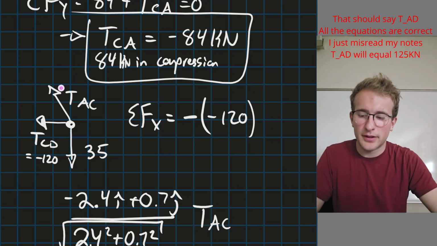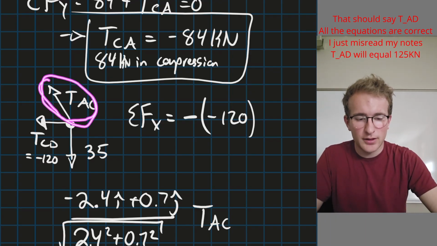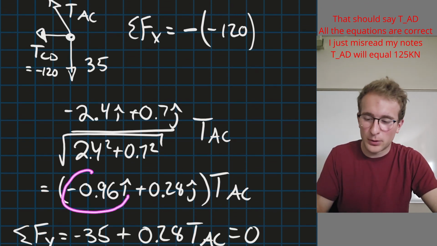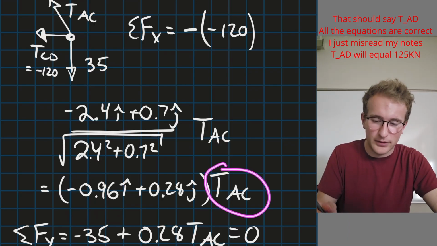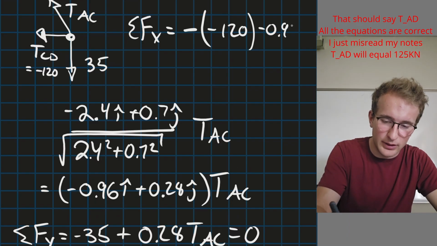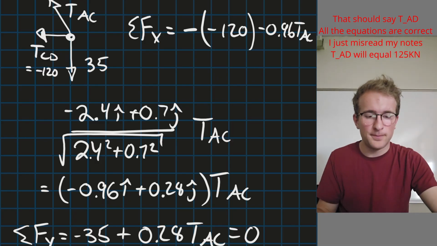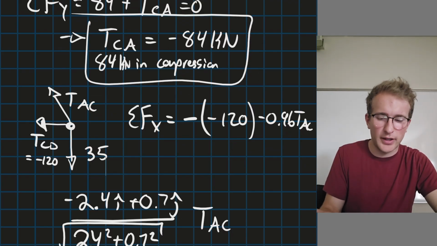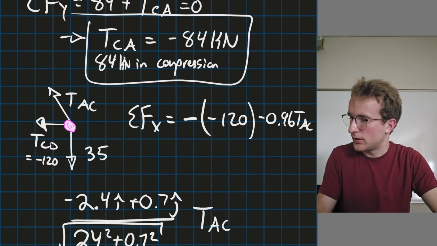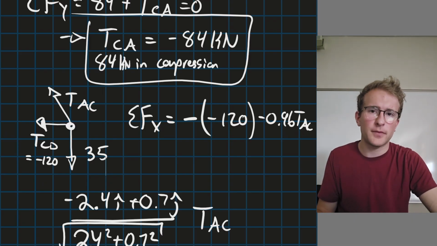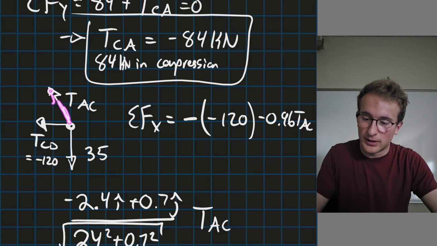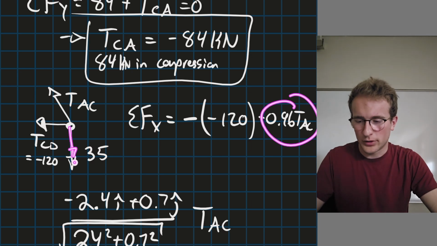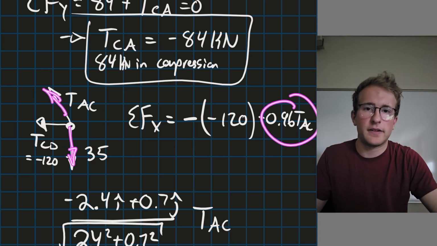And then plus the x component of this. Its x component is just the i hat component, so it's negative 0.96 times TAC. So that's how you would do the sum of the forces in the x at point D here. We don't need that. That doesn't help us solve for this tension. I mean, you can solve this equation for the tension, or you could just do the sum of the forces in the y direction if you think that's easier.